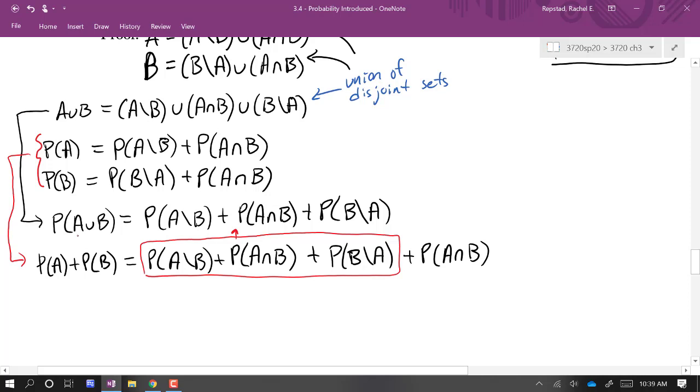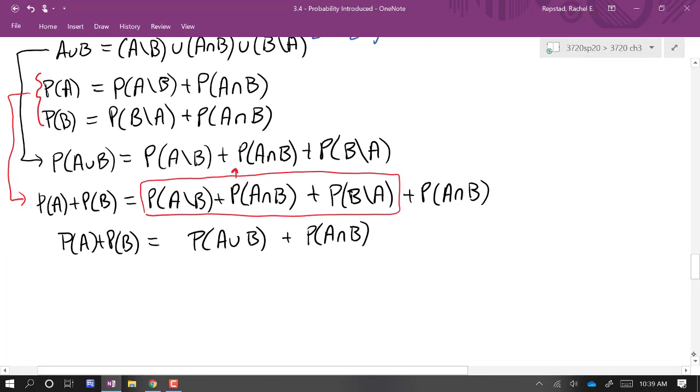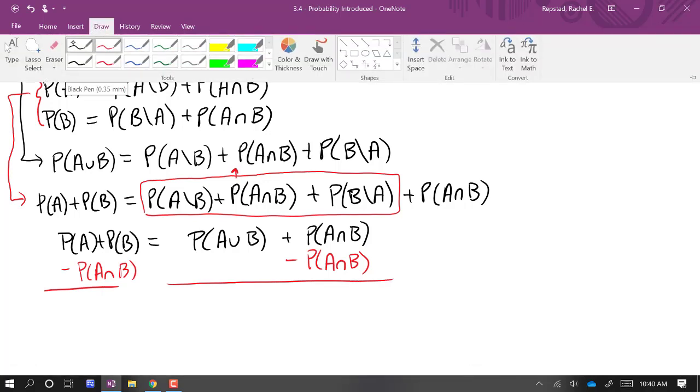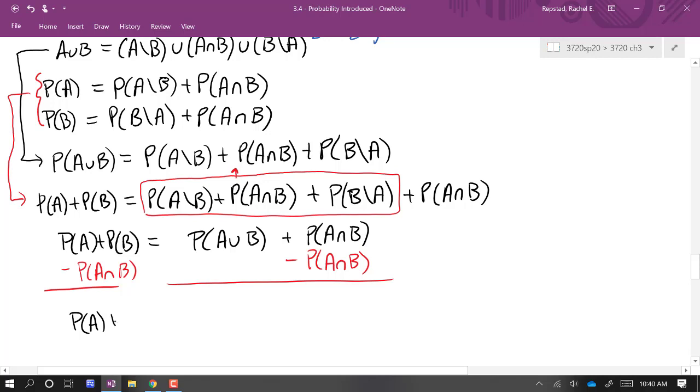That is P of A union B. So we know that P of A plus P of B is equal to P of A union B plus P of A intersect B. And now the only thing we need to do is subtract probability of A intersect B. And we find that P of A plus P of B minus P of A intersect B is equal to P of A union B, as desired.